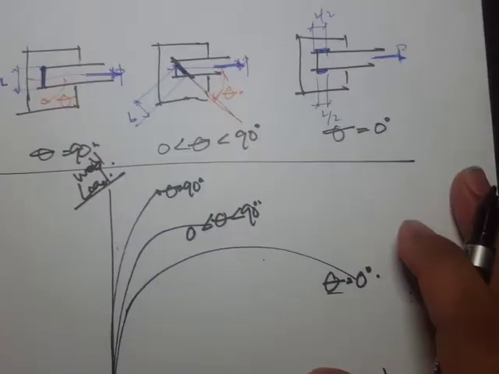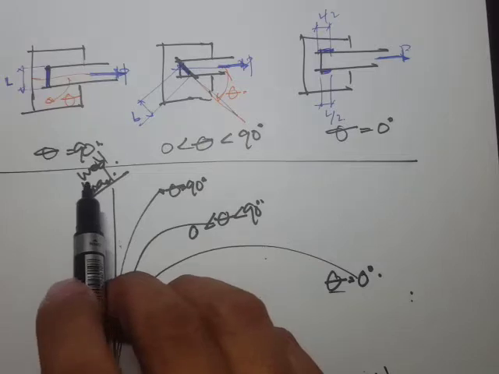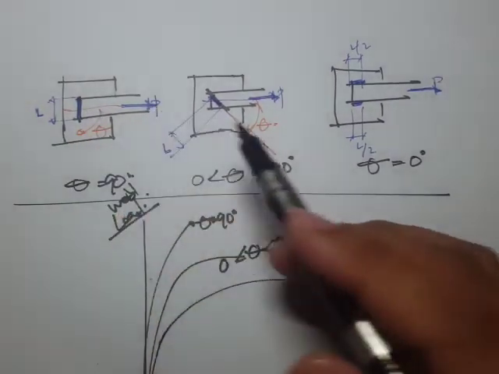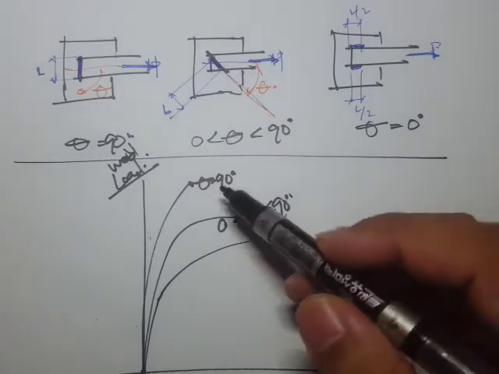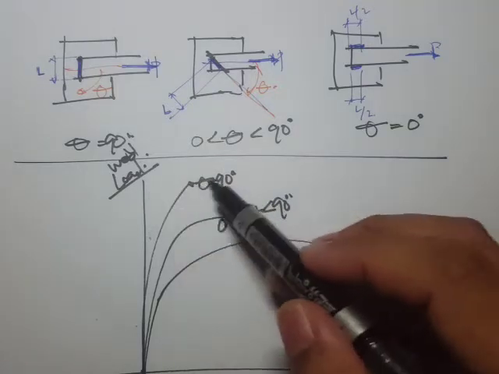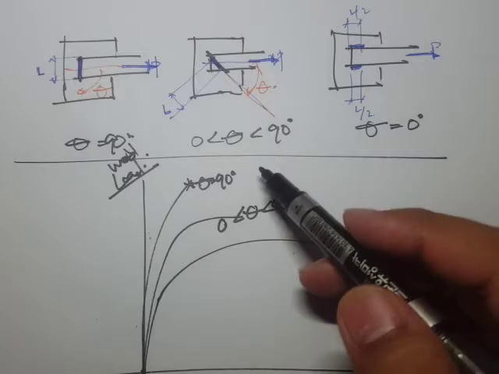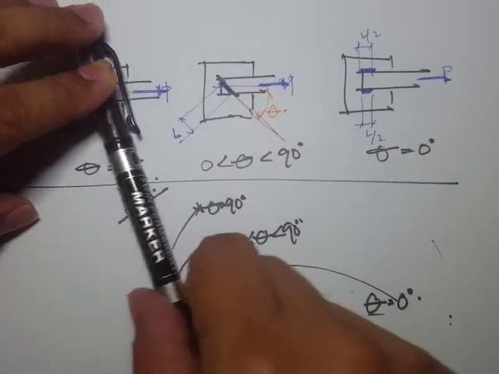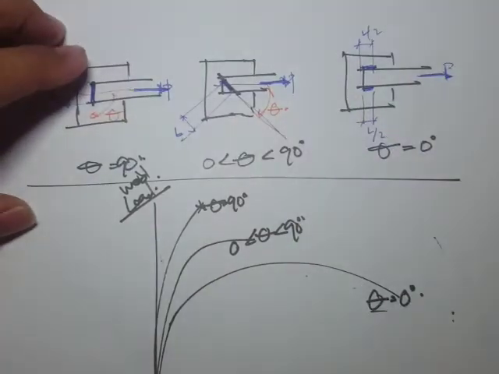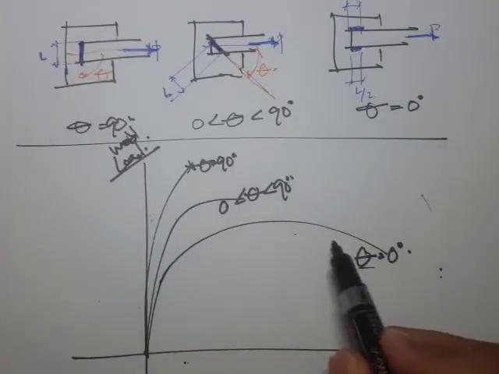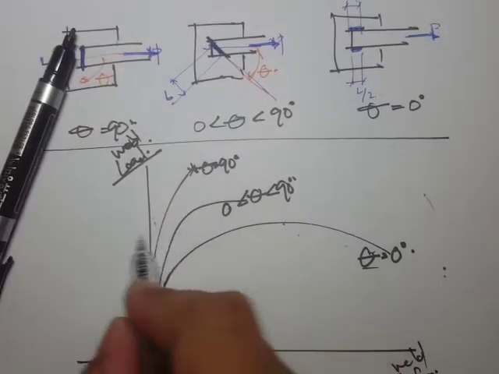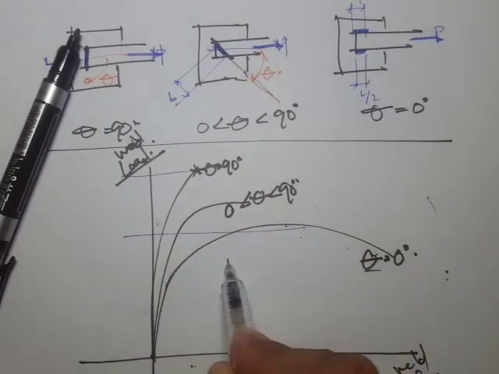Okay, so we see that the weld length that's perpendicular to the loading direction produces actually the highest weld load capacity, and as the angle decreases, then you're actually decreasing the strength. Okay, so you'll see it here. You have a decreased strength compared to the 90 degrees.